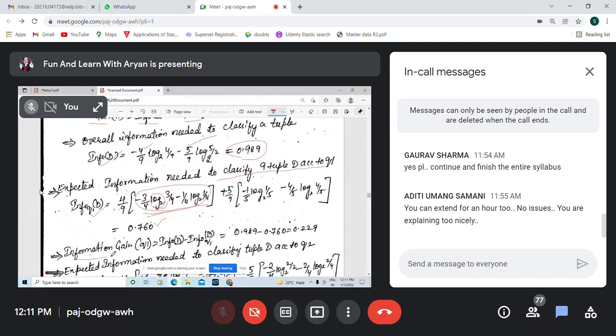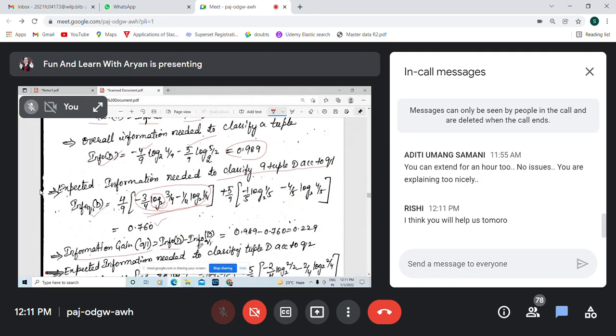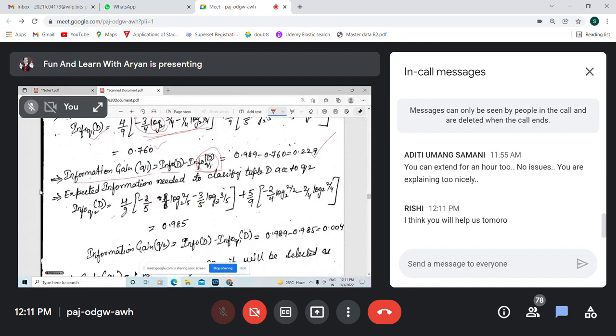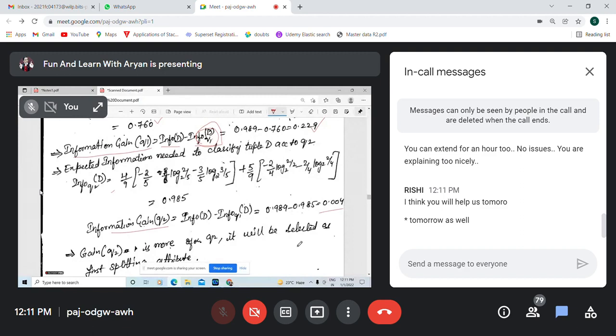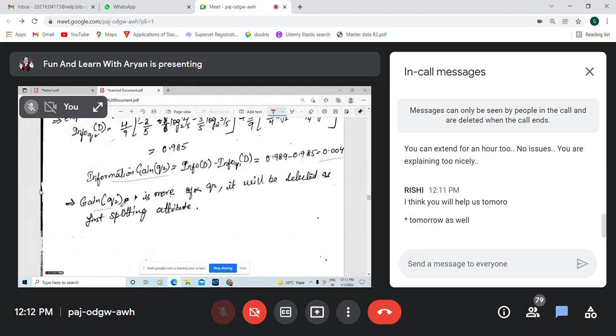So what is the gain that you got? Overall minus the information that is received after splitting based on Q1. Okay, similarly you do for Q2, then find the information gain. So we've got this information gain. Gain of Q2 is more, so Q2 will be selected as the splitting attribute.